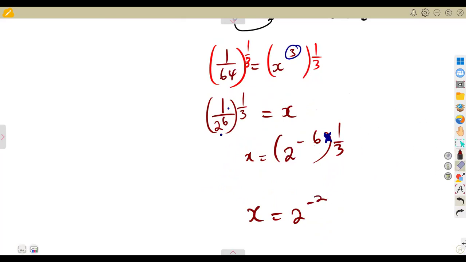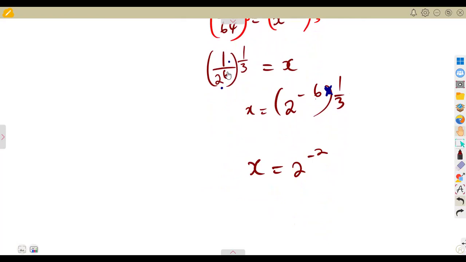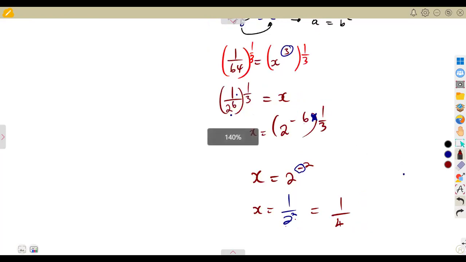And remembering that, it was 1 over, and we wrote it as a negative. So you can also do the vice versa to remove a negative exponent. How do you remove a negative? It's 1 over 2 to the exponent of 2. So this is equal to 1 over 2 to the exponent of 2, that is a 4. So at the end, we obtain 1 over 4.